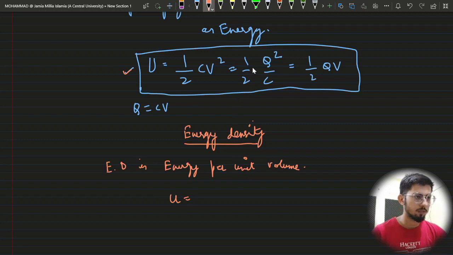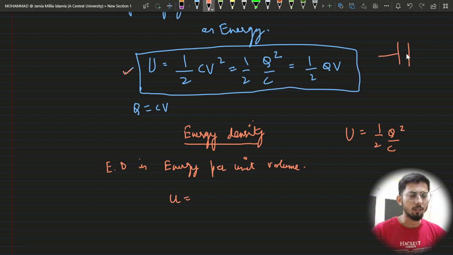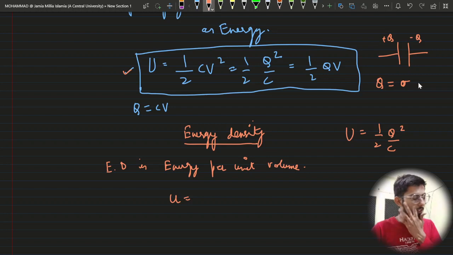If we see this expression, energy is half Q square by C. Now if we have a parallel plate capacitor, like this, then we can obtain the expression of the charge on either plate, which is plus Q and minus Q. Q on either of the plates is equal to sigma into A. This sigma is the charge density, and A is the area.